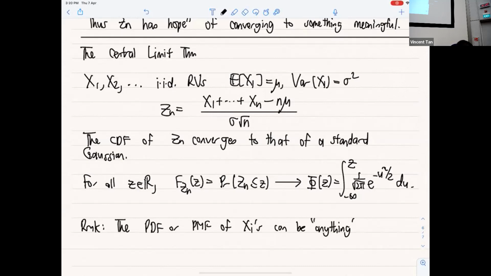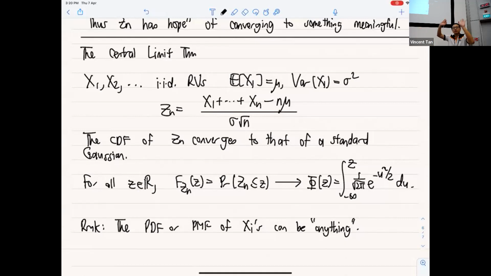So it doesn't matter what random variables you started off with. You could start off with some very wild random variables like the ones I showed in MATLAB. It's basically uniform. Or you can start with exponential random variables. You can start with Poisson random variables. And if you do this averaging and subtracting off the mean and dividing by the standard deviation, normalizing by root n, the limiting behavior is always that of a Gaussian.